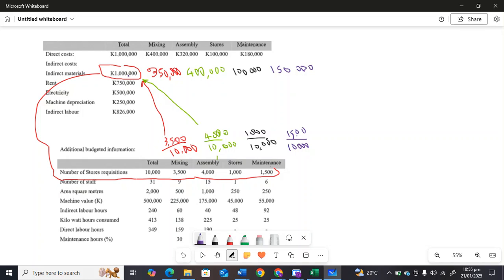So there is a way to check if you are doing things correct. When you've shared out the costs, they should direct you back to the total amount that you're sharing. If it doesn't, then you've done something wrong. Any questions?